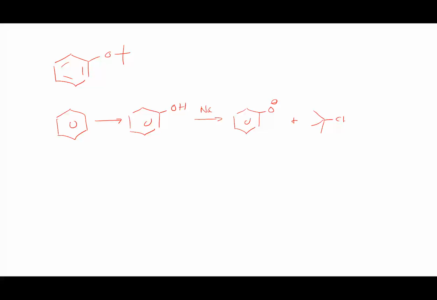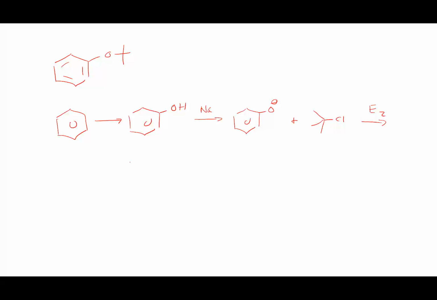The Williamson ether synthesis is what we talked about on Monday, but it would not work with a tertiary halide. Because if I tried to do that reaction, what would I end up with instead? I'd end up with an E2, so this would go by E2, and that's not the way I would want to do it.